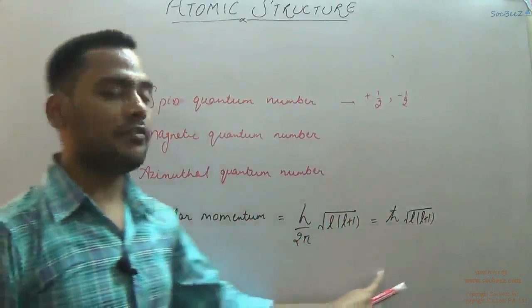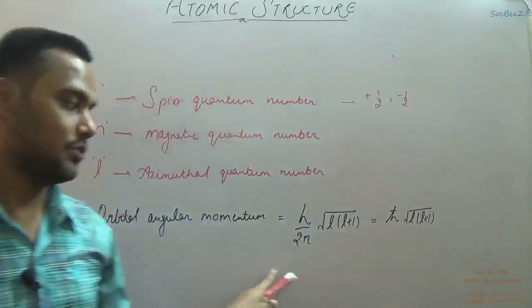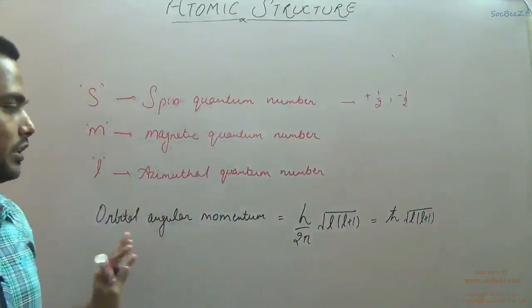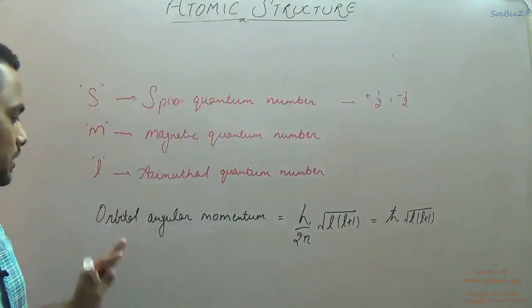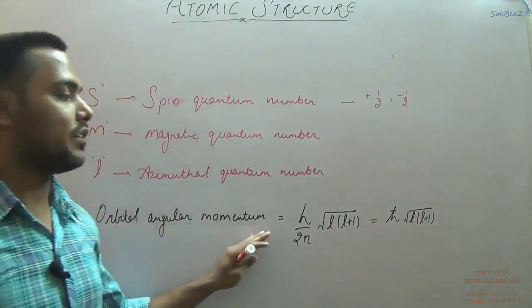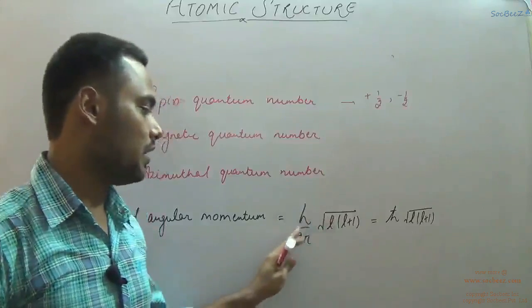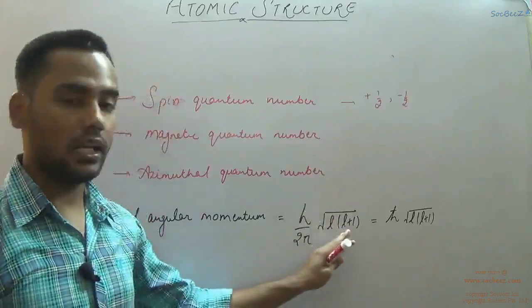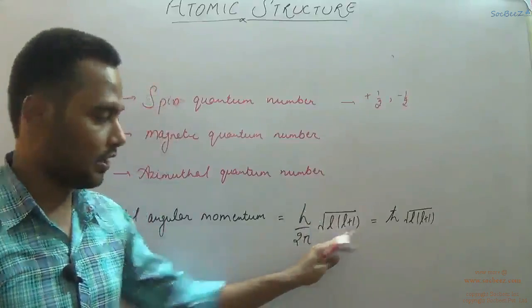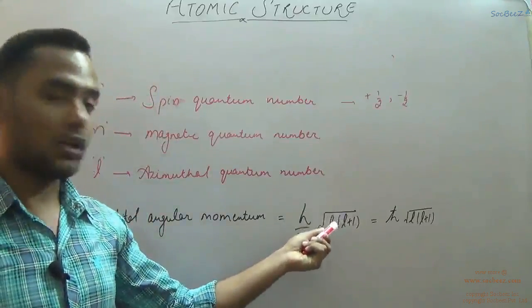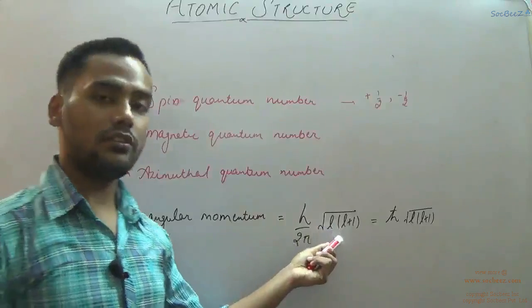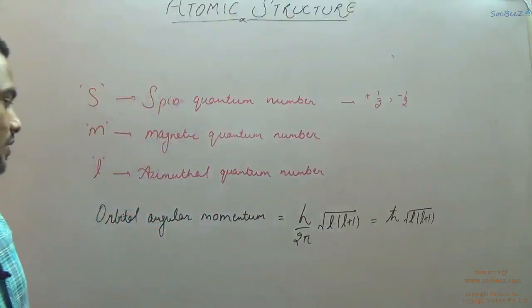This equation is very important for higher class chemistry, but you do not need to go further into it. Here L is 0 for s, 1 for p, 2 for d, 3 for f, and so on.